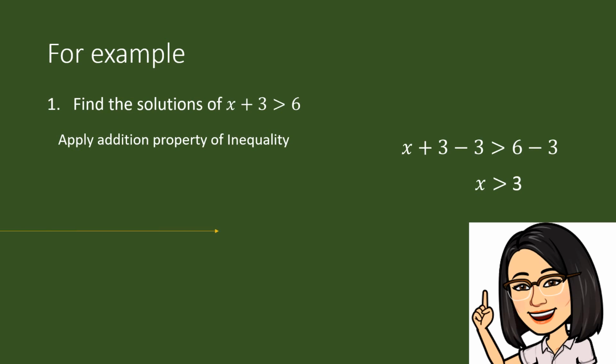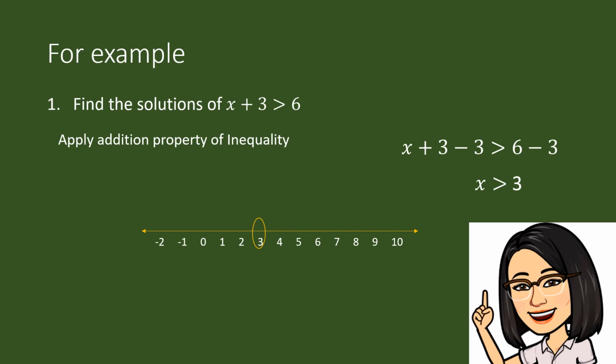Now let us draw a number line. Our critical point is 3. So make sure 3 is indicated in the number line. The inequality uses the symbol is greater than. Therefore, use a hollow circle.